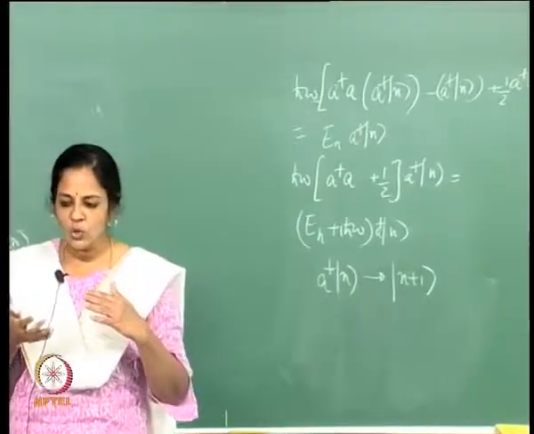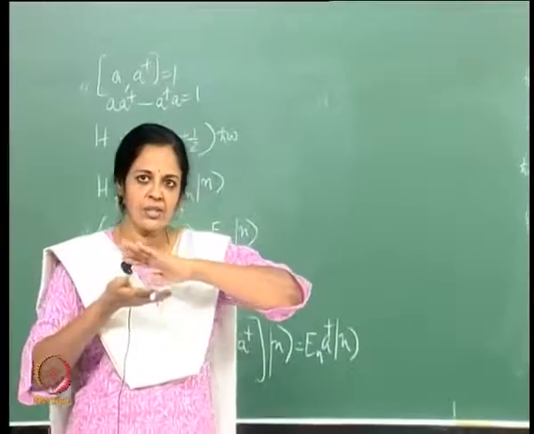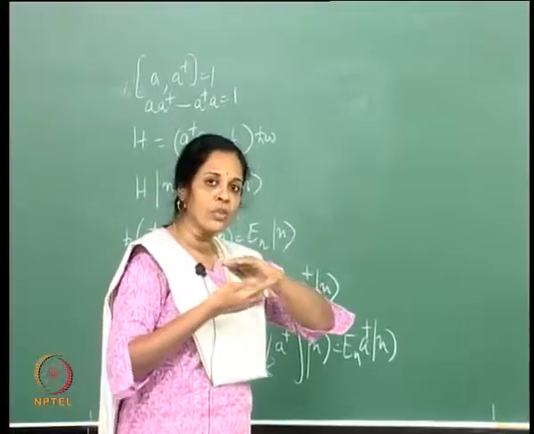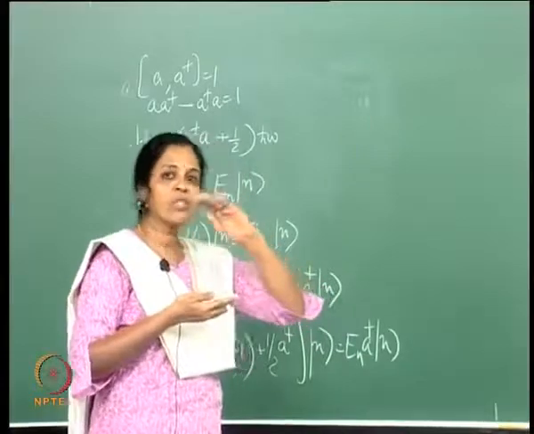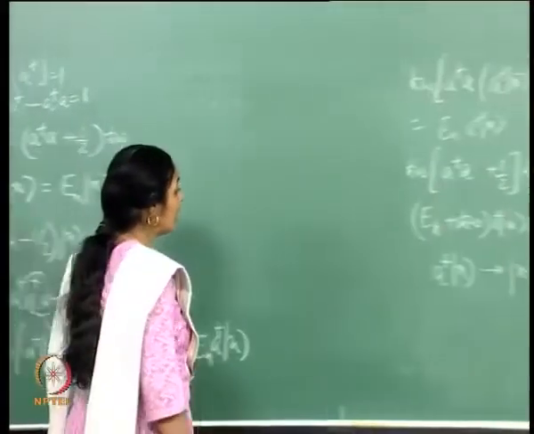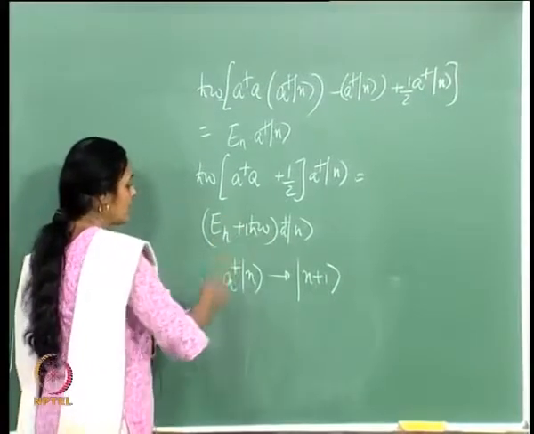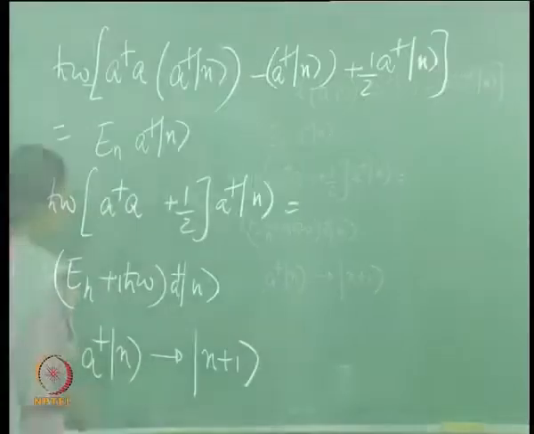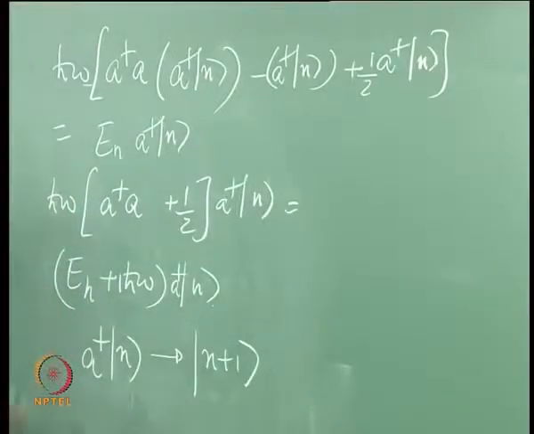So physically it looks like a dagger takes the system from a state of lower energy E sub n to a state of higher energy E sub n plus 1 h cross omega. This is the increase in the energy. So that is an excited state compared to the state with energy E sub n.